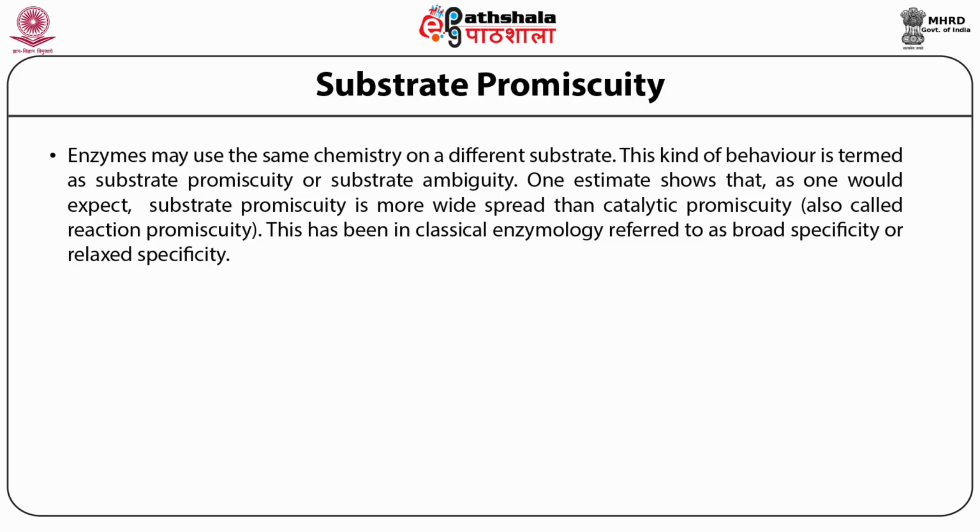One estimate shows that, as one would expect, substrate promiscuity is more widespread than catalytic promiscuity, which is also sometimes called reaction promiscuity. This has been referred to in classical enzymology as broad specificity or relaxed specificity.